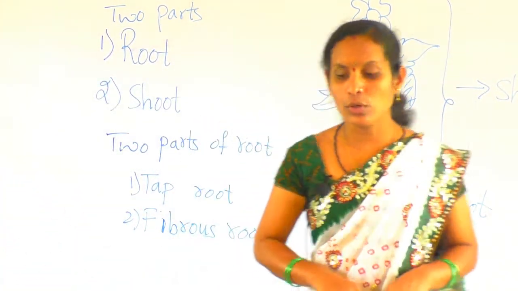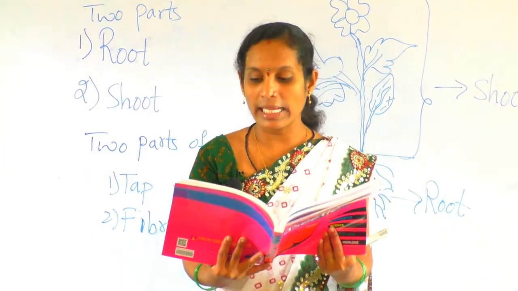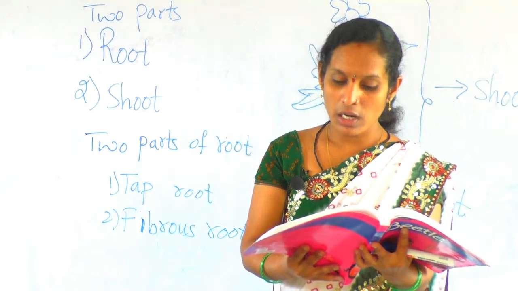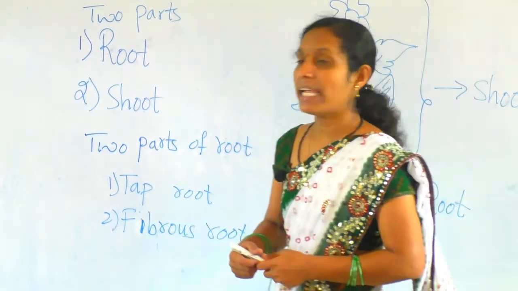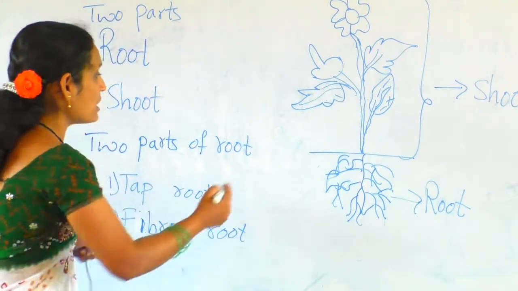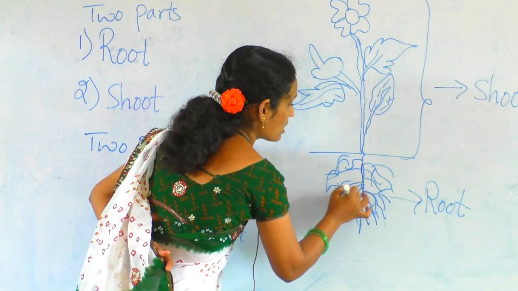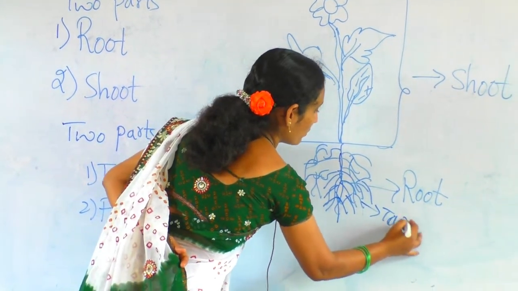In the tap root, see the reader: many plants have a main taproot with tiny bunches of roots growing out from it. These bunches of roots are called fibrous roots. Many plants having tap root means only tiny bunches, small branches, that we call tap root.